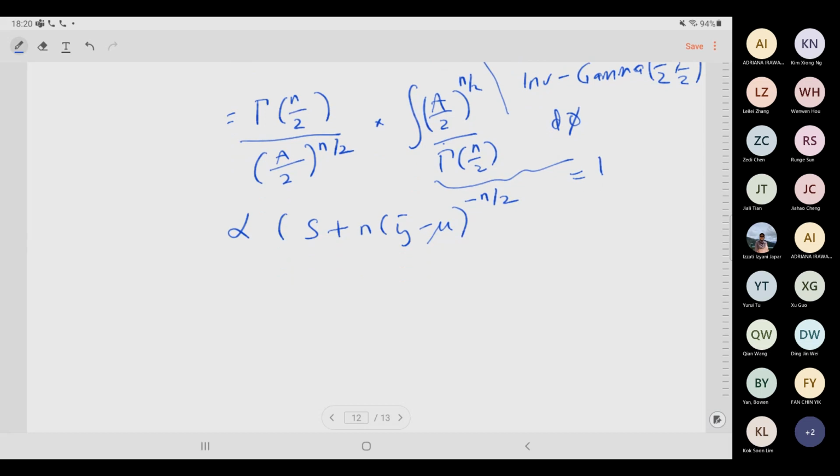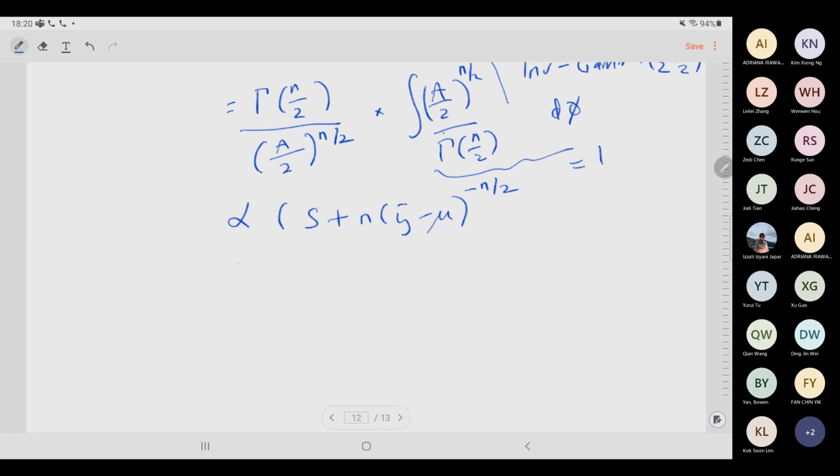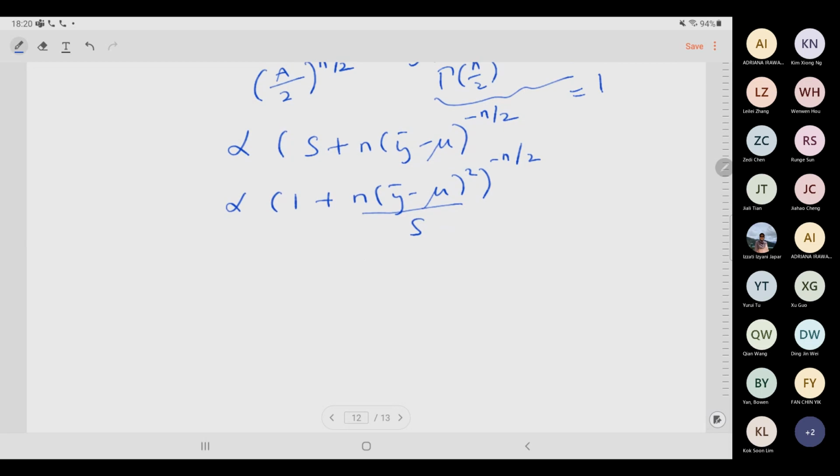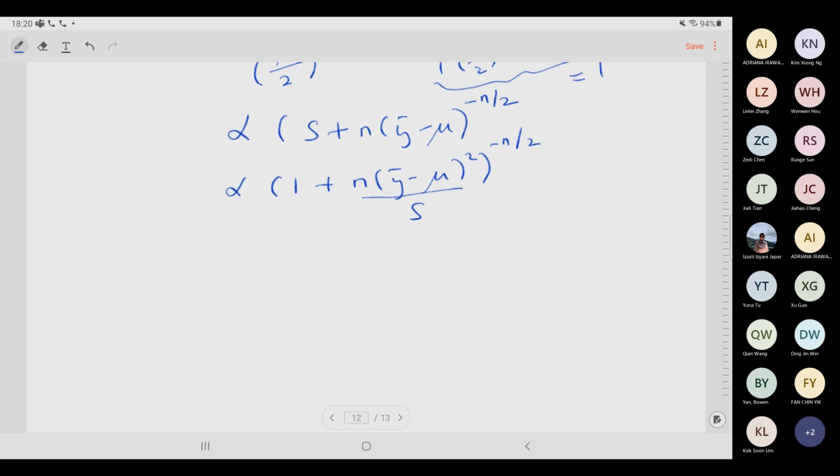Then if we rearrange again, we have this divided by S, which again is a constant. This is where it involves a bit more, because you have to fit it to a T distribution, and this is called a non-central T distribution.